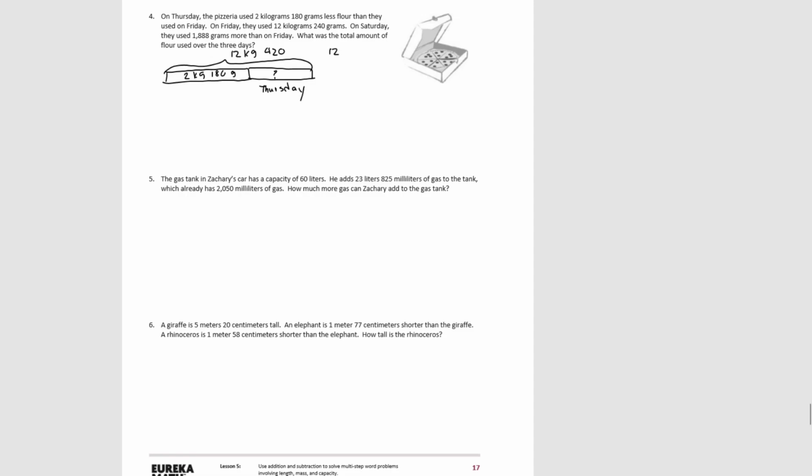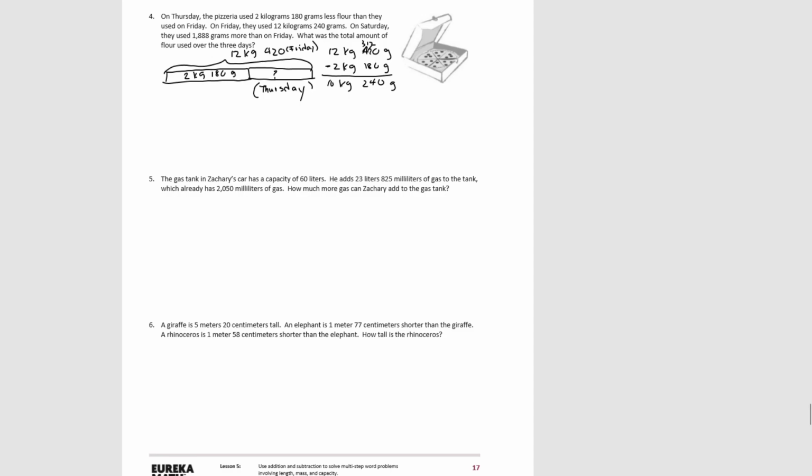So if we have 12 kilograms and 420 grams, and we have 2 kilograms and 180 grams, and we find the difference, this is what they used on Thursday. This is what they used on Friday.